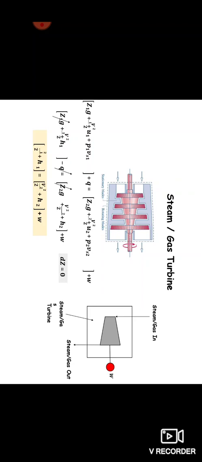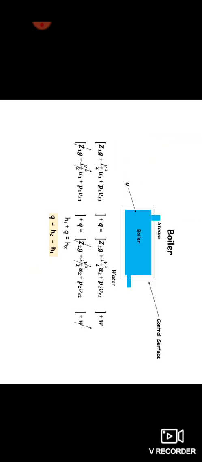Cancelling terms in this equation, we finally find that v1 square by 2 plus h1 is equal to v2 square by 2 plus h2 plus w. So this is the steam or gas inlet and this is the steam or gas outlet. Similarly, we find the equation for a steam nozzle, and finally v2 is equal to the square root of 2 (h1 minus h2). Steam in is equal to steam out.